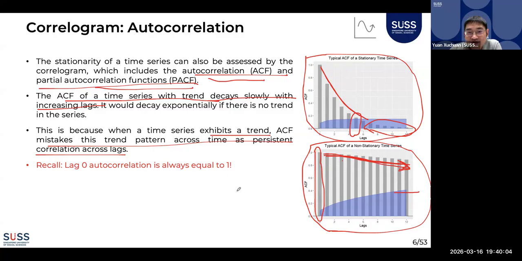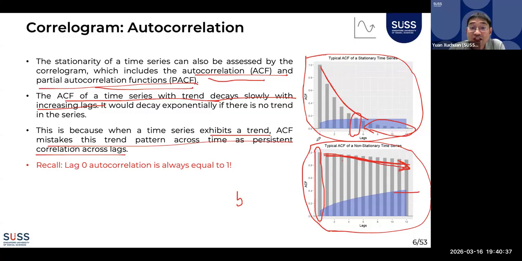Sometimes you may have many autocorrelation values, for example, from period 0 up to period 20, 30, depending on the size of the data in your time series. And later we will show, for example, some of the data in activity 4.1. We can plot the first 60 lags of the autocorrelation function and partial autocorrelation function, right?